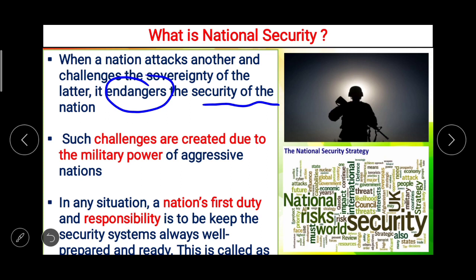And in such challenges, if they are created due to the military power of an aggressive nation, if the other nation is aggressive and starts attacking, then in any situation, a nation's first duty and responsibility is to keep the security system always well prepared and ready. This is called national security. So not only is it its duty but its responsibility.